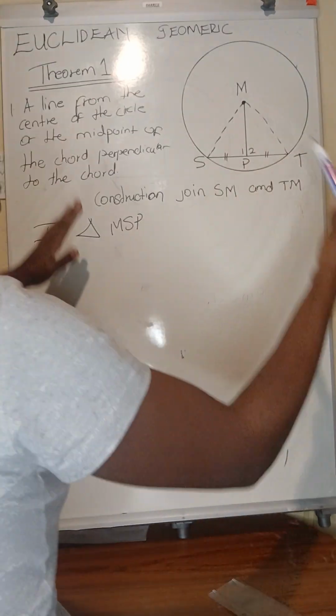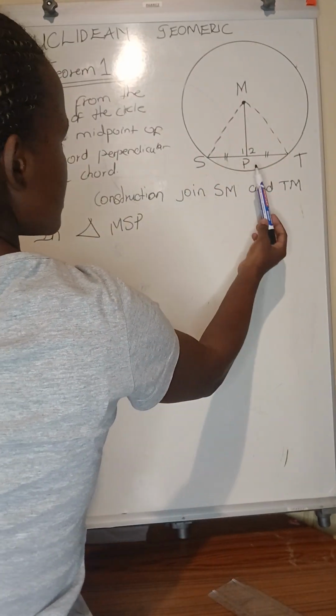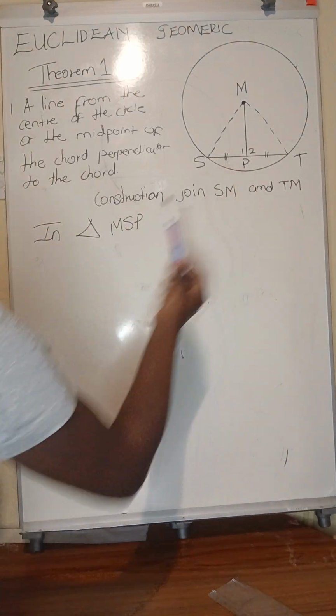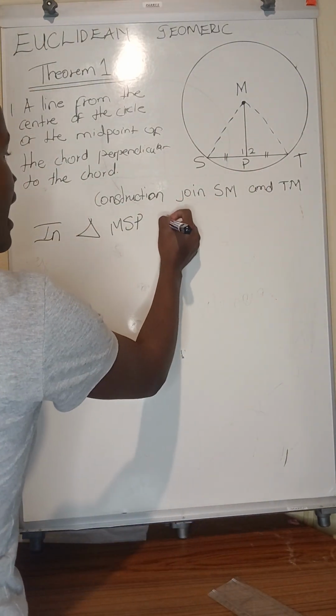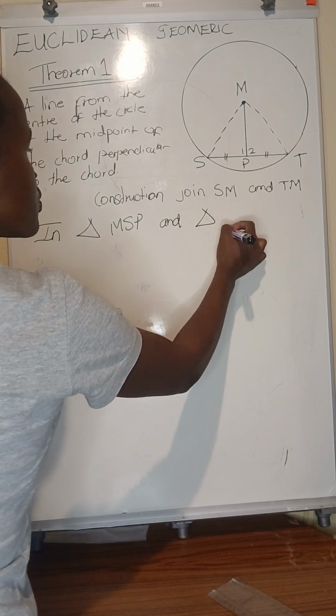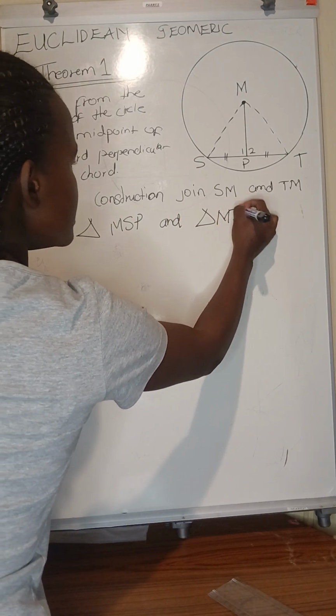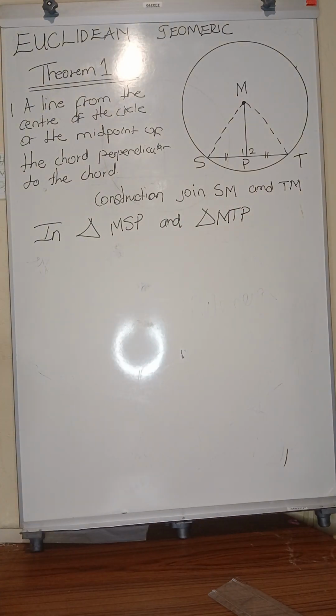You must do it the way you did it on the other side: in triangle MSP and triangle MTP.